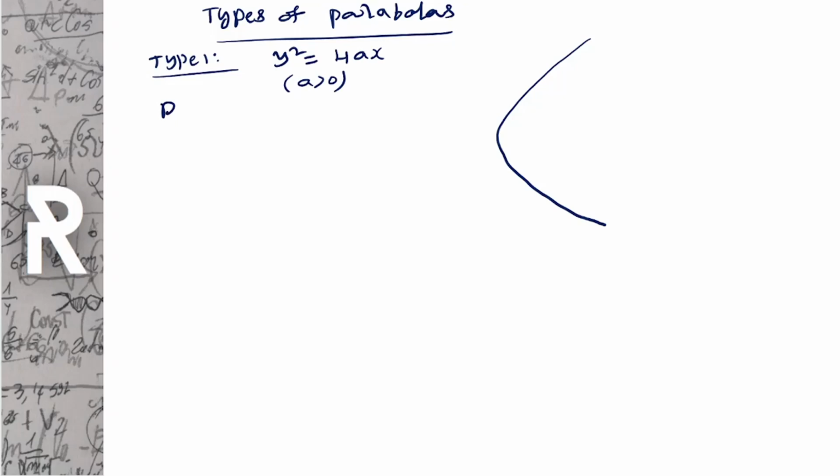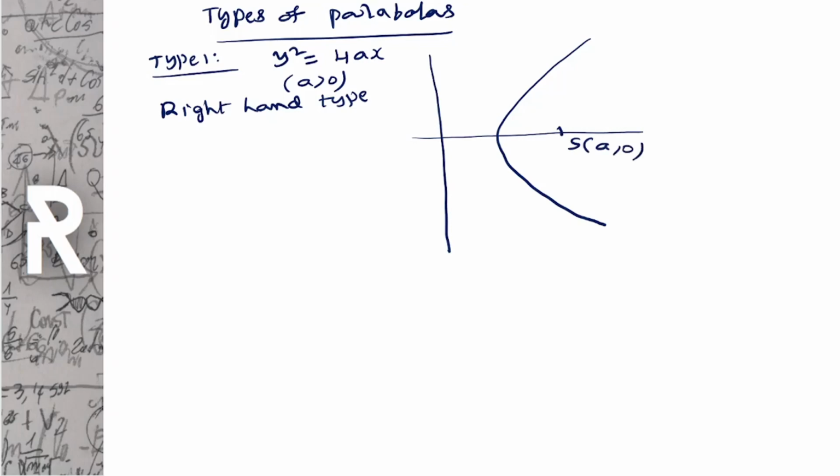It is named the right hand parabola. The focus is (a, 0), the vertex is (0, 0), the directrix is x = −a. The latus rectum LL' has coordinates (a, 2a) and (a, −2a).